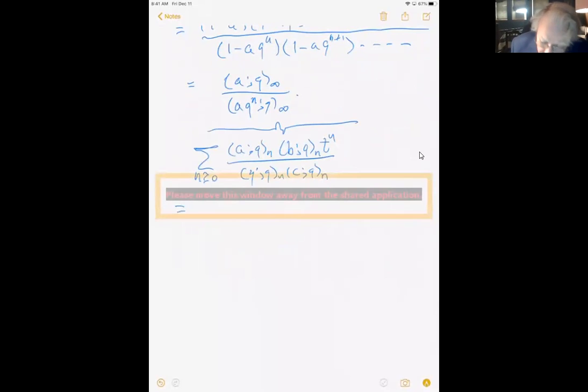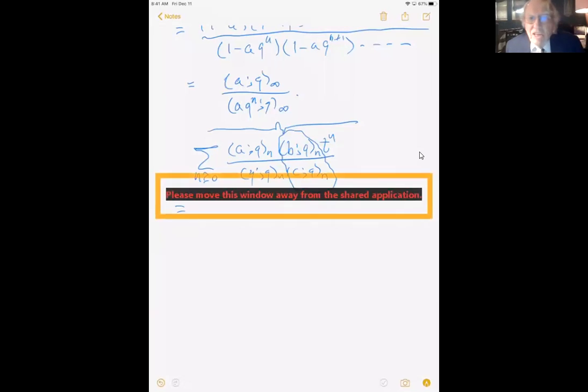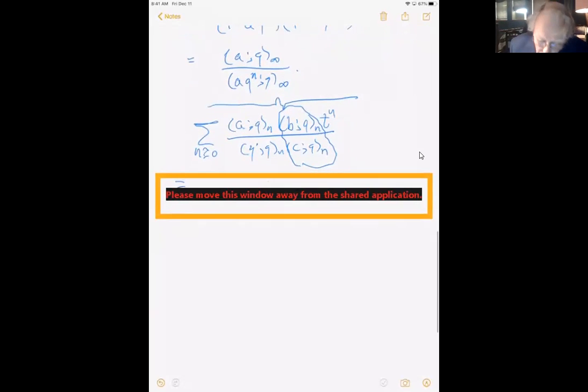And what you do is you look at these two quotients and you write each of those finite products as a quotient of two infinite products. So you leave the a and the first two things the same, leave this explicitly there.